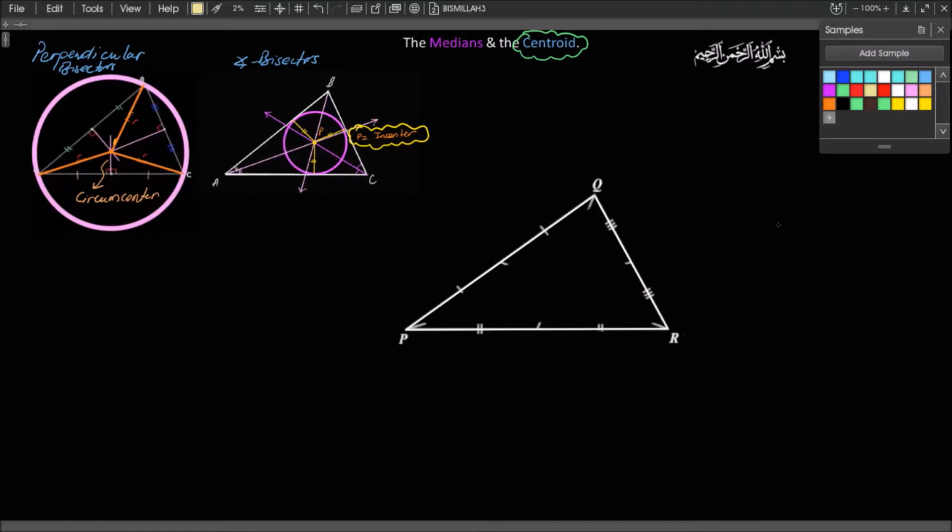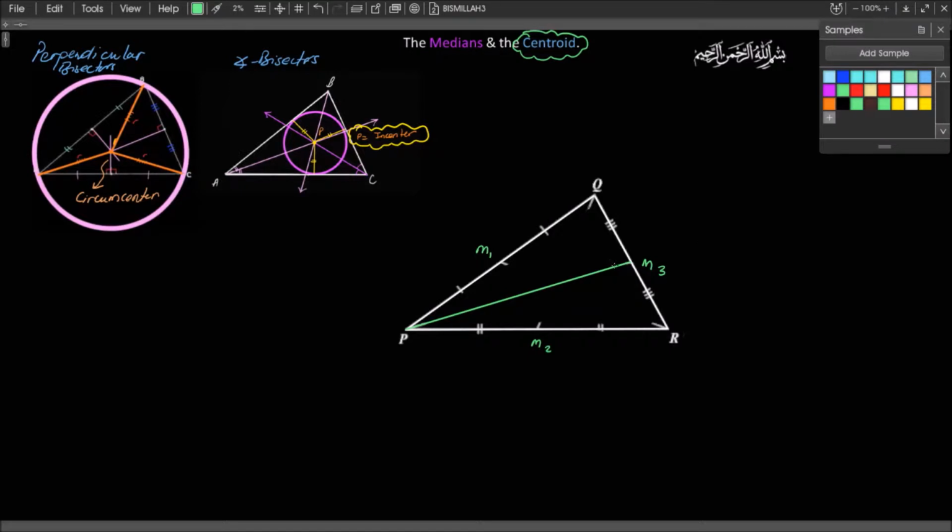Well, let's find out. So I have this triangle here pre-drawn, triangle P, Q, and R, and then we're going to draw the three medians. So I'm going to take this point P here, the vertex P, and I'm going to connect it to the midpoint on this other side. Let's call this one midpoint 1, M1, midpoint 2, M2, and this third midpoint here, M3.